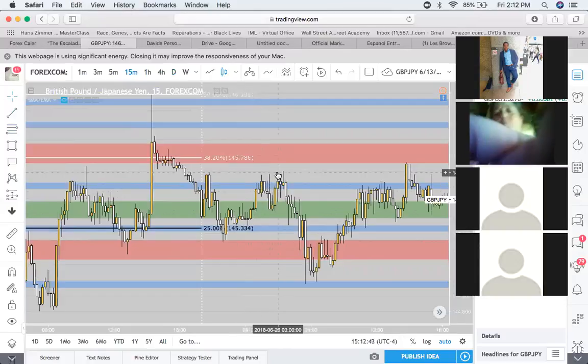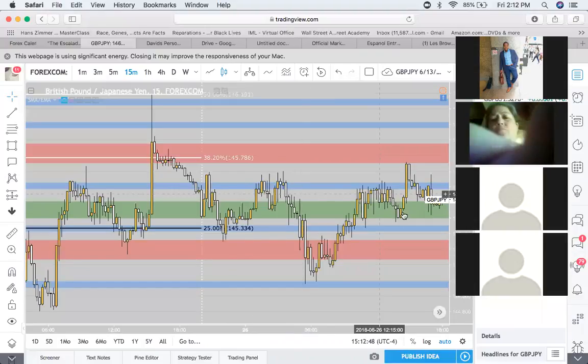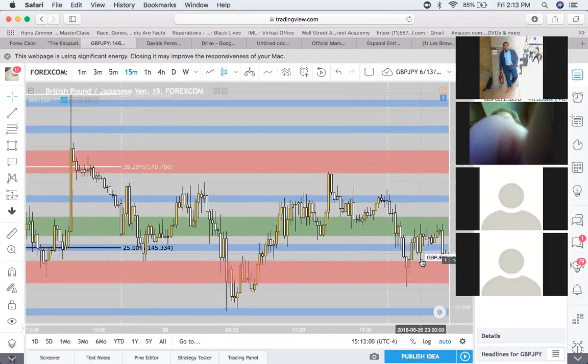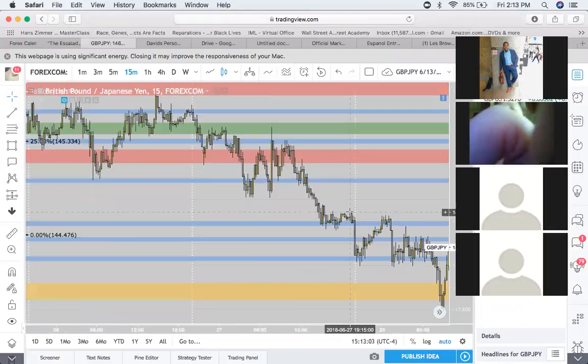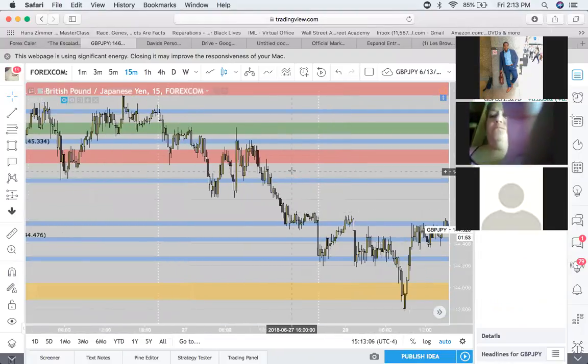So even though it tried to break out of this supply zone, what happened? It came back and it retested above this, and it touched the demand zone. And then what happened when it touches this demand zone? It retested and came back down to the supply zone. Ladies and gents, you can do this all day.